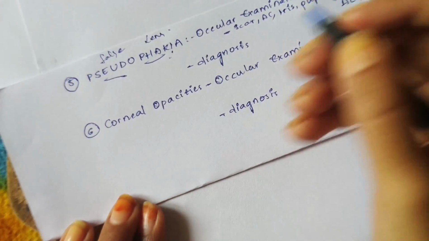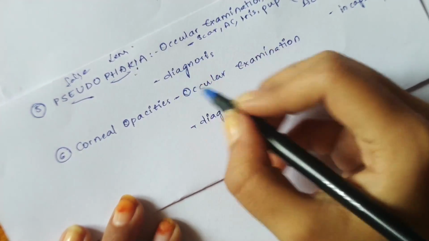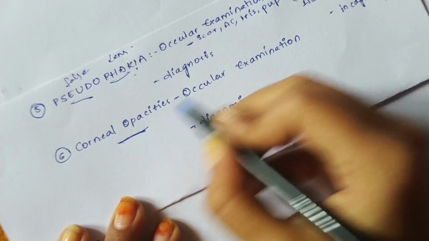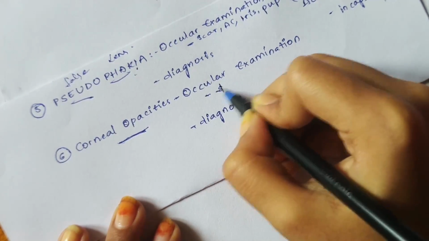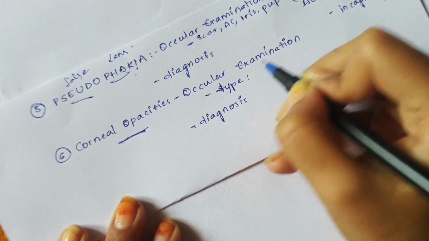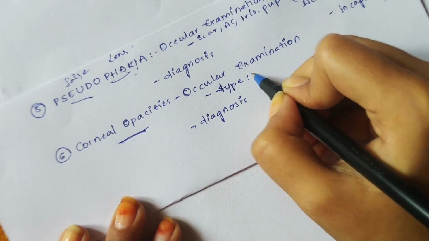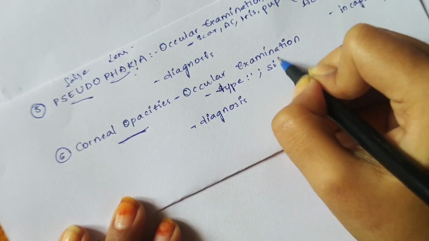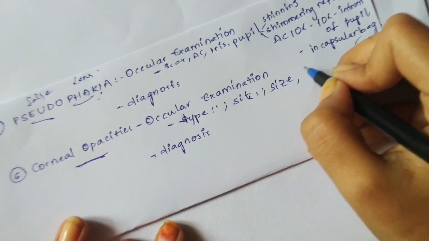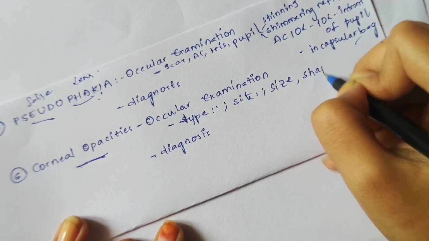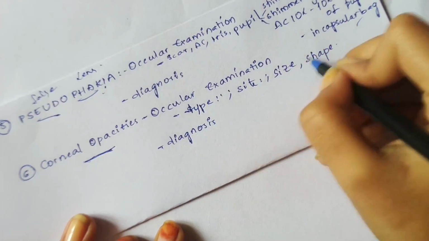And last and final one, corneal opacities. In this you will first write the type of corneal opacity, and the site, size and shape of the opacity.